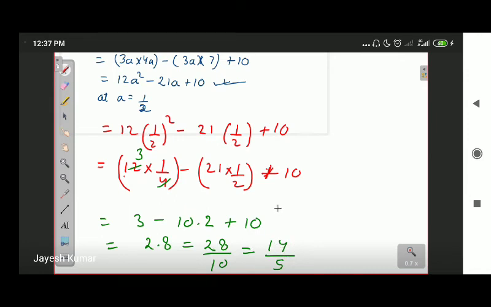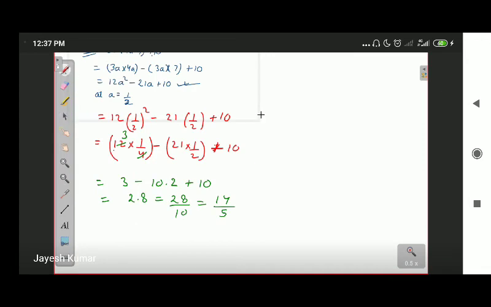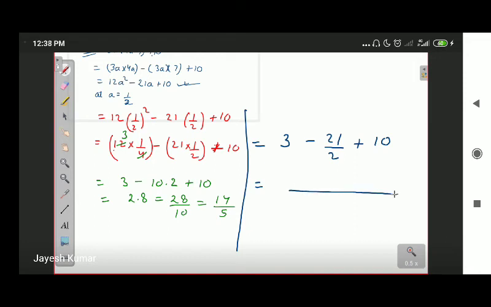What I did was I changed the fraction into decimal form. If you don't want to change the fraction into decimal form, this is the alternate method: you could have rewritten it as 3 minus 21 upon 2 plus 10, and after that you could find the LCM. LCM is 2: 3 twos are 6, minus 21, plus 2 into 10, that is 20. So this is 6 minus 21 plus 20, that will be 5 upon 2. I guess my answer is incorrect here.